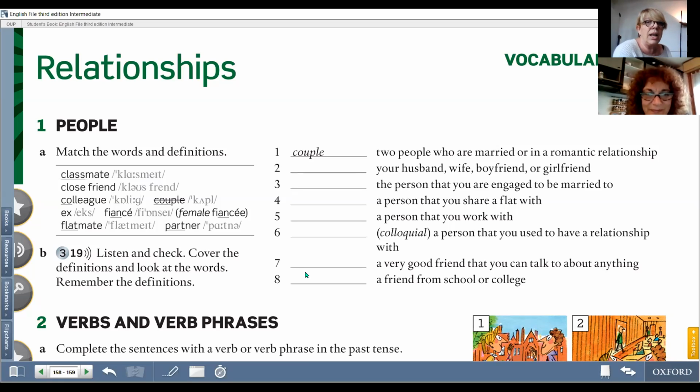For example, a couple, what is the definition? Two people who are married or in a romantic relationship. Usually they are a couple. Okay. Number 2, you read the definition and you find the word. Okay, Anna, number 2. Your husband, wife, boyfriend, or girlfriend.